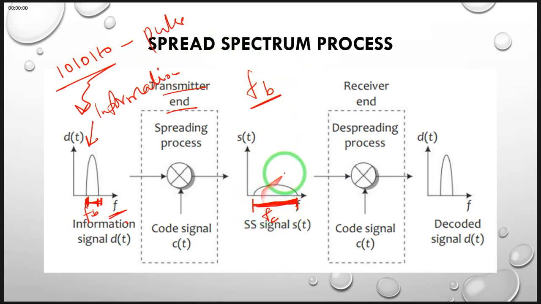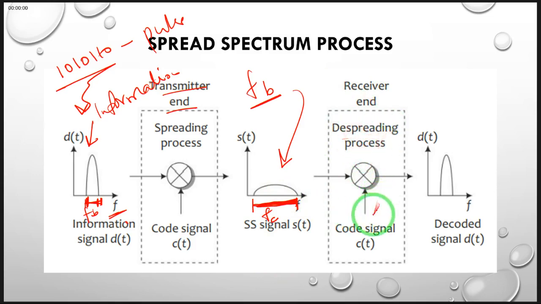But when you do the spread spectrum, we increase that bandwidth to FC, which is way bigger than the minimum required. But this spreading gives us the advantage of being able to mitigate the effects of interference and jamming.